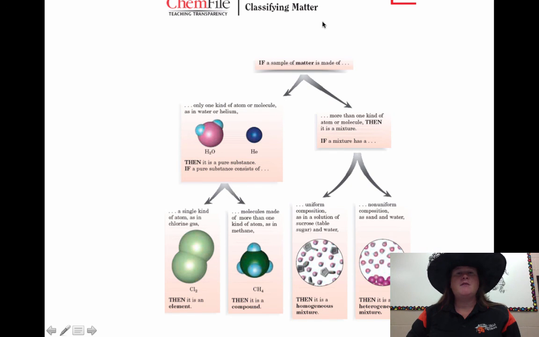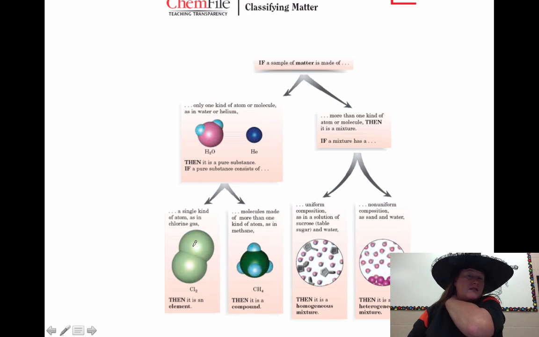So if we can summarize our classification of matter into the categories we talked about, we have pure substances, which contain elements and compounds, and we have mixtures. If the pure substance contains atoms of only one kind, it's an element.